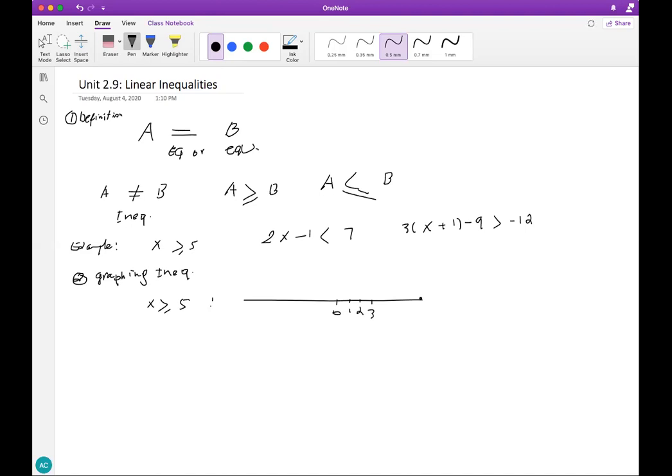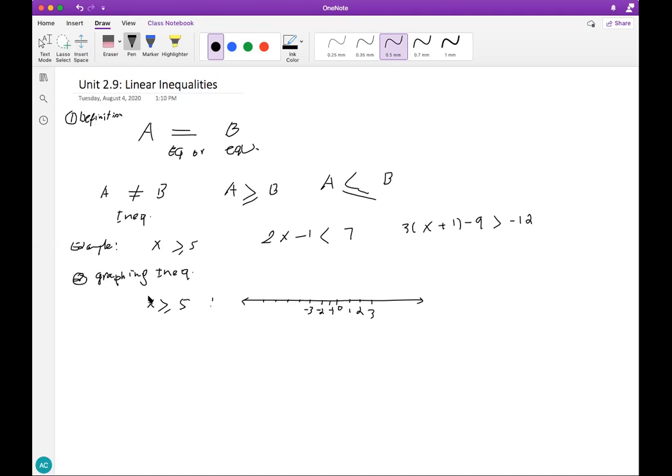The numbers get bigger and bigger as you go to the right, but they get smaller and smaller as you go to the left. For example, 0, then you have -1, -2, -3, and so on. This is what we call the number line. The 0 is always in the middle. We have positive numbers to the right, negative to the left.